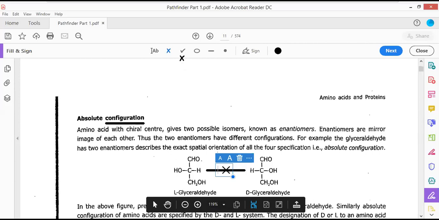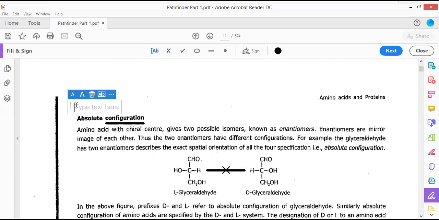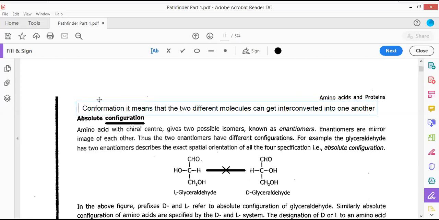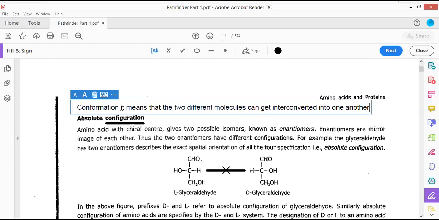Whenever it is written conformation, it means that two different molecules can get interconverted into one another.